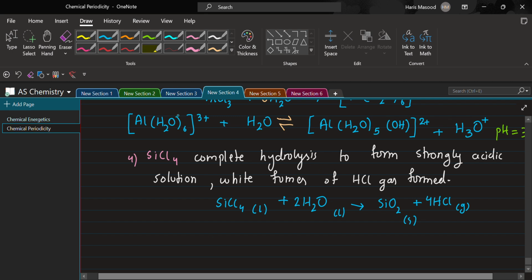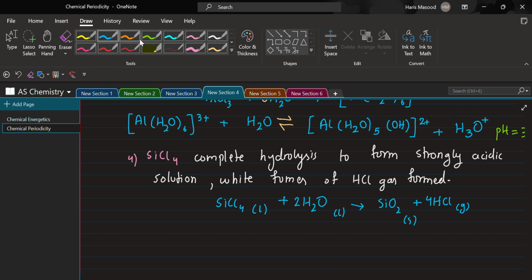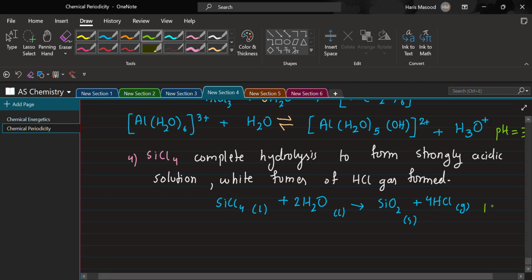Okay, this is quite simple. If we have said strongly acidic, it means pH 2.